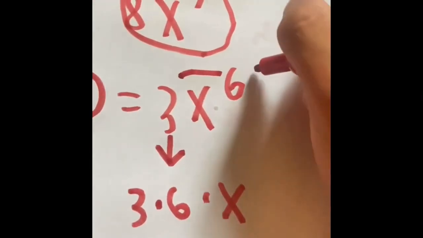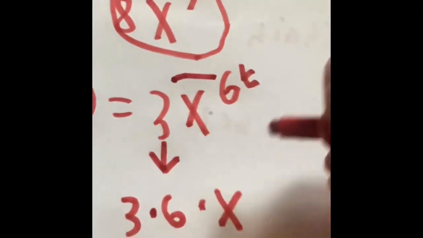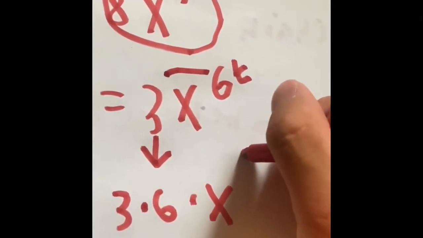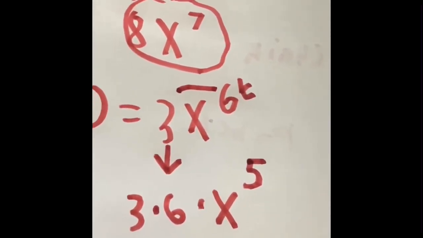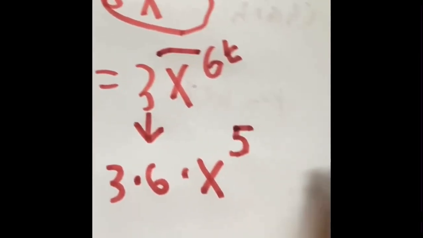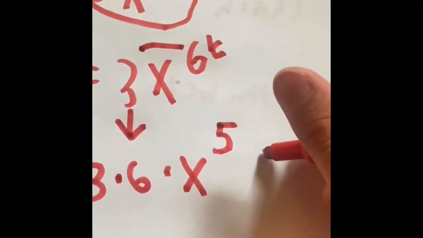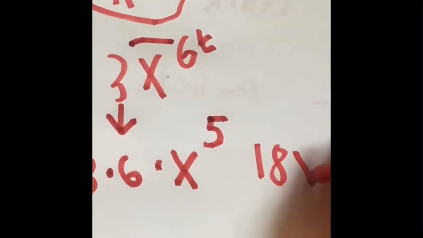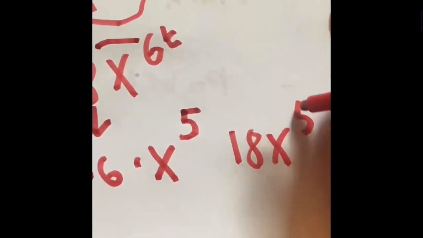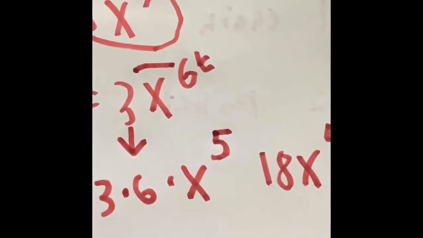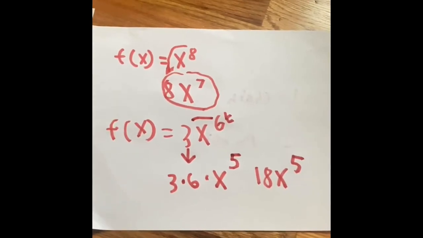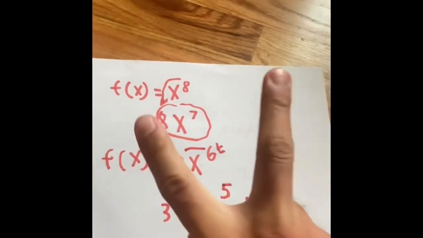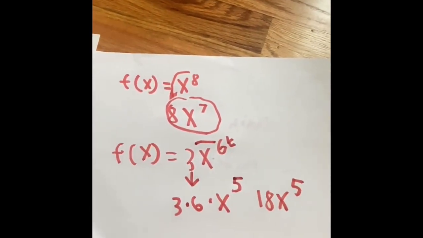Then we take that 6 down and lower the power, so now we have 3 times 6 times x to the power of 5. When we simplify that, our new derivative becomes 18x to the power of 5. So, finding a derivative from a function is actually simpler than you think.